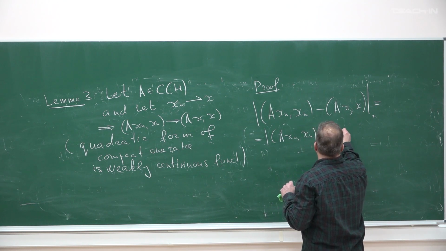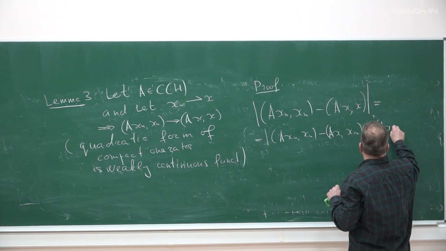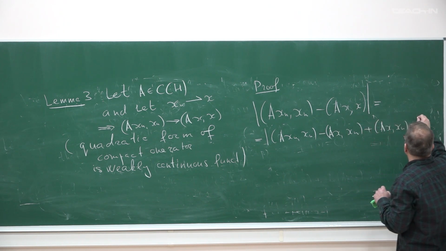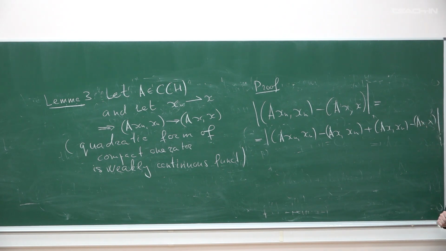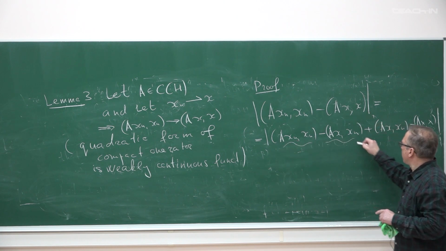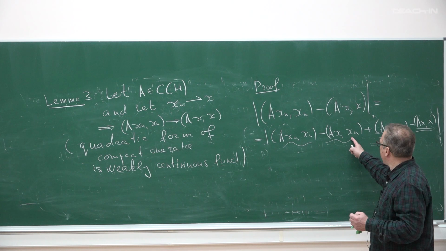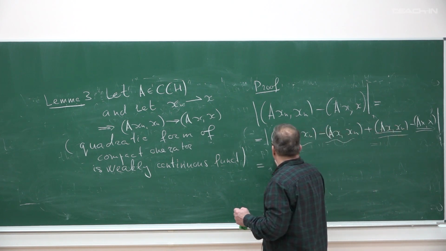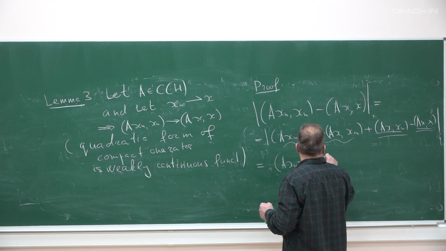Minus A x xn plus A x xn minus A x x. And let's combine these with this and this with this by linearity of the scalar product. How can we do it? Here there is a common element xn, so it is equal to A xn minus A x, xn.